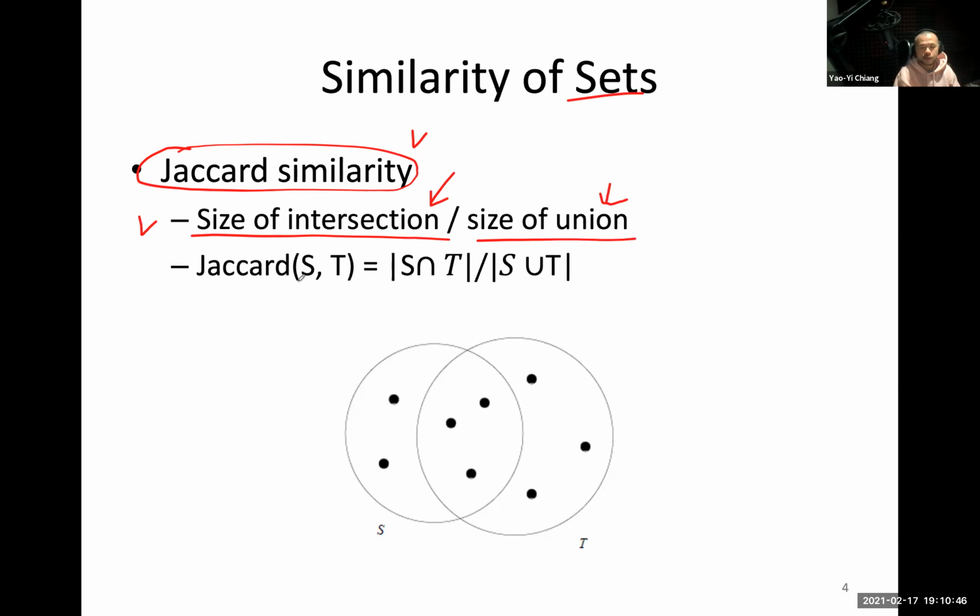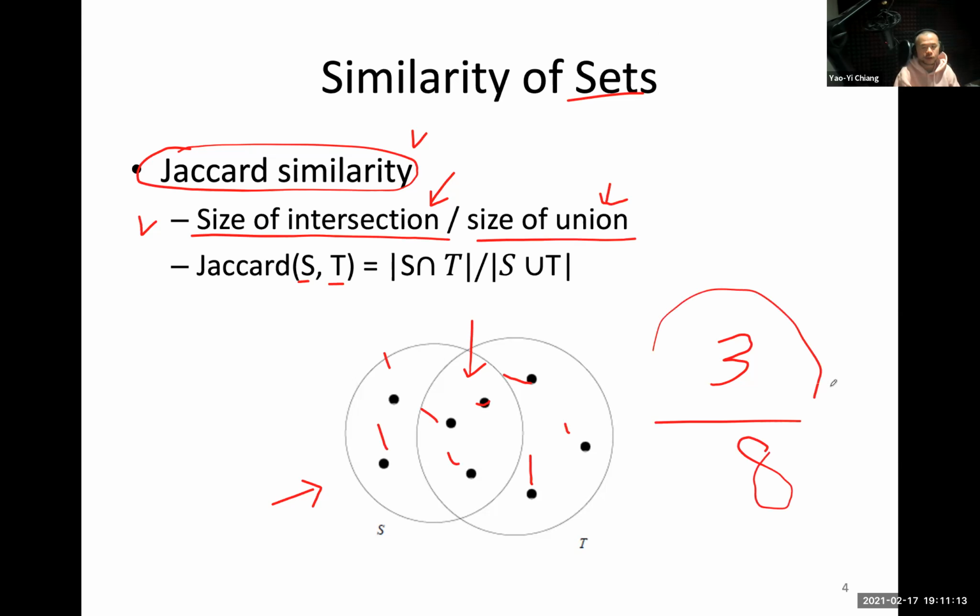So Jaccard similarity between set S and set T is like this. What's the intersection? Here, 3. How about the union? 1, 2, 3, 4, 5, 6, 7, 8. 8. Great. So this is the Jaccard similarity between these 2 sets. Intuitively, you're looking at the intersection over union. It's pretty common in many applications.